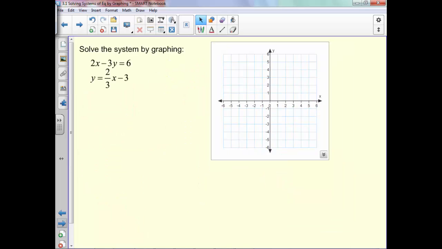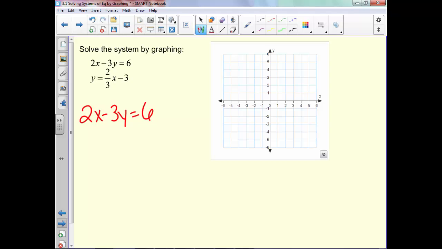So once again, we're going to solve this system by graphing. So let's look at this first equation and solve for y.